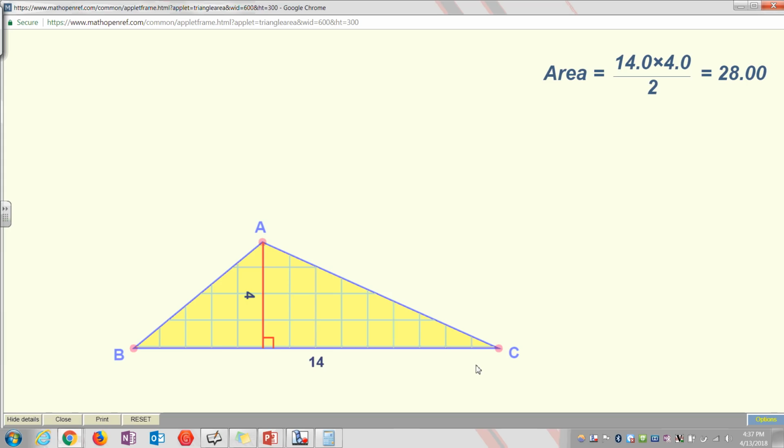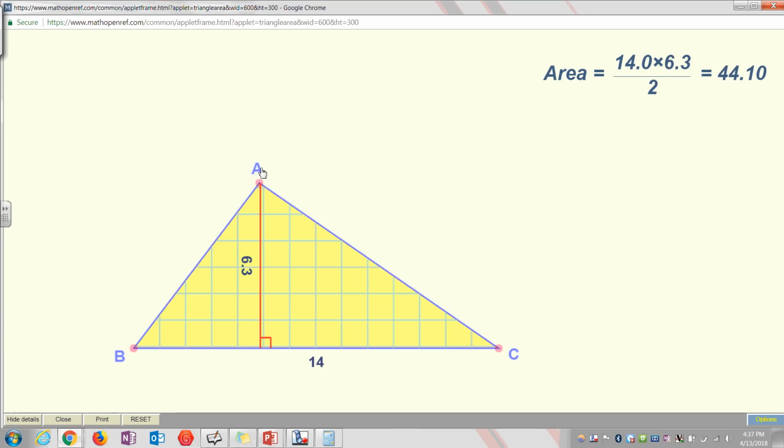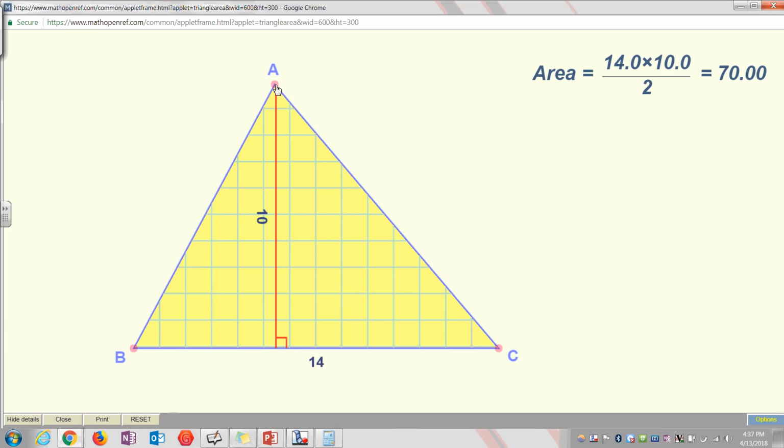Okay, so look in the corner there. Our base is 14. Our height is 4. We divide by 2. Now, take a look. That height is inside the triangle. This is an acute triangle.